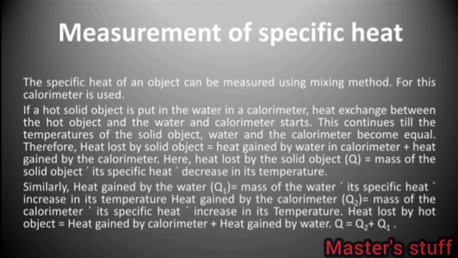Heat gained by the calorimeter Q2 equals the mass of the calorimeter times its specific heat times the increase in its temperature. Heat lost by the hot object equals heat gained by the calorimeter plus heat gained by water, that is Q equals Q2 plus Q1.